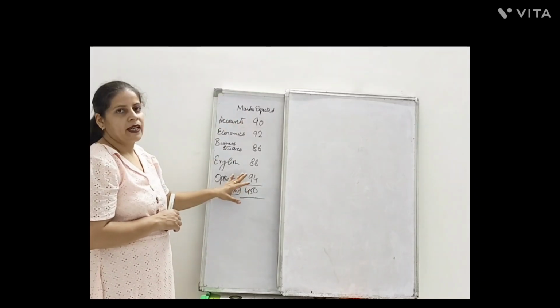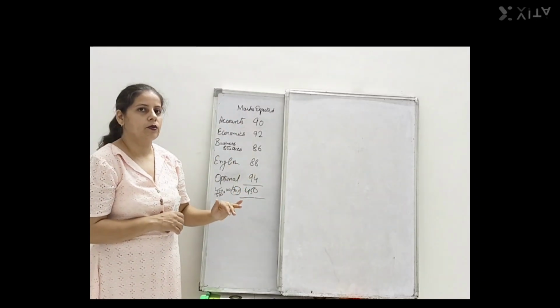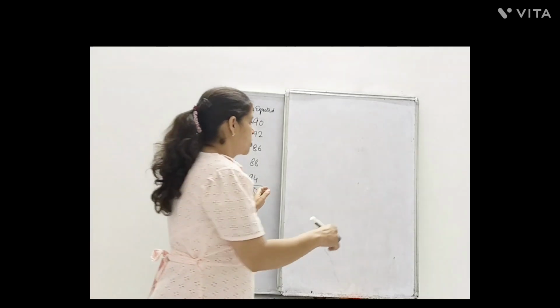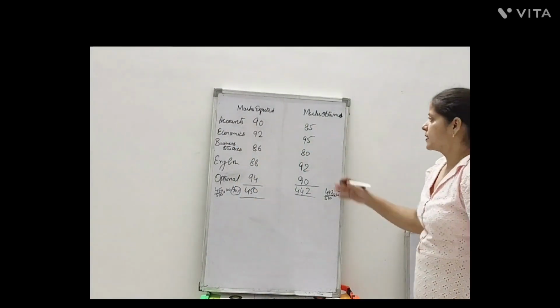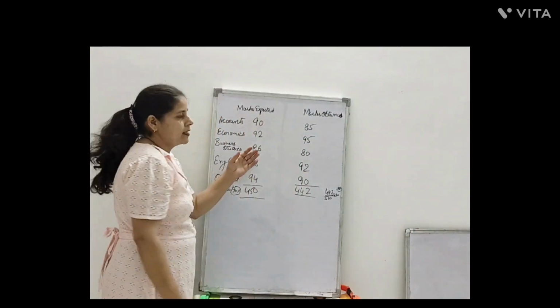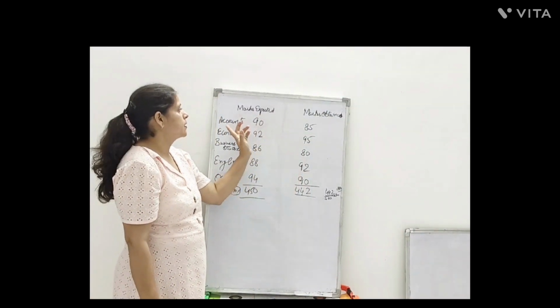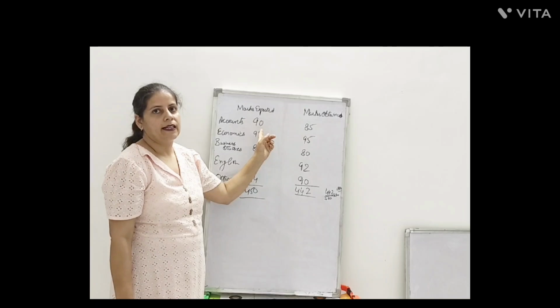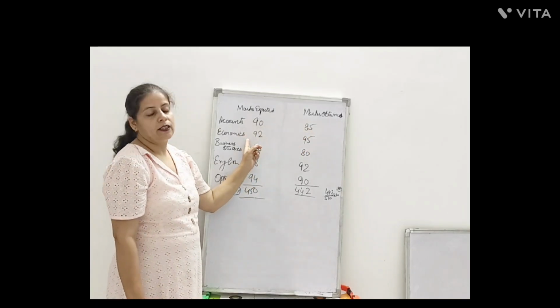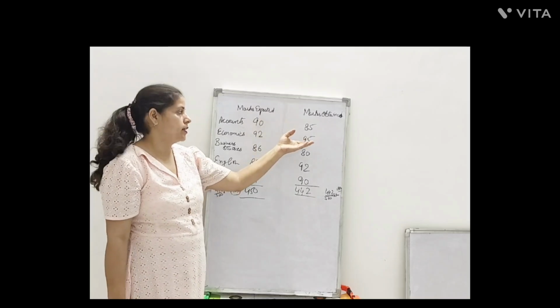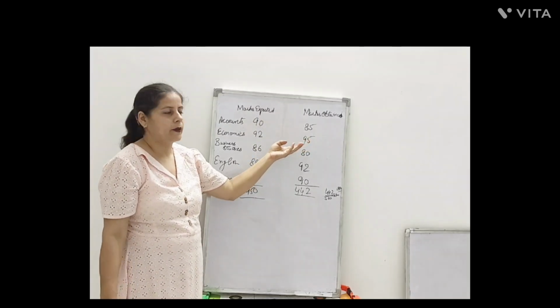Now his dream has come true or not, let's see with his actual result. So here is displayed his actual result. In accounts he was expecting 90 but actually he scored 85. He was expecting 92 in economics where he scored better than expected.